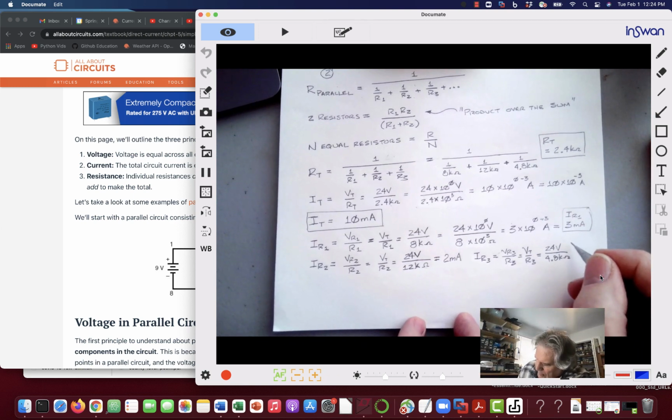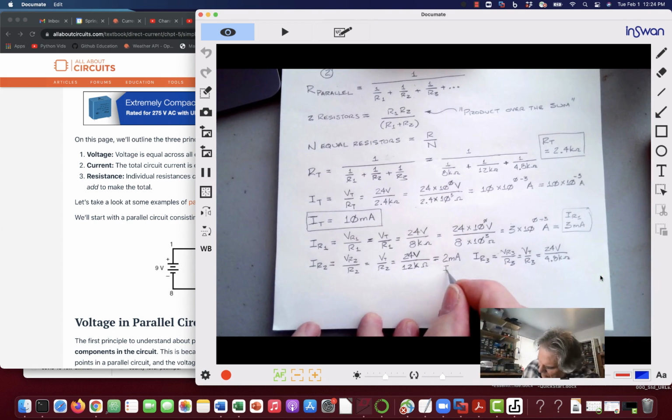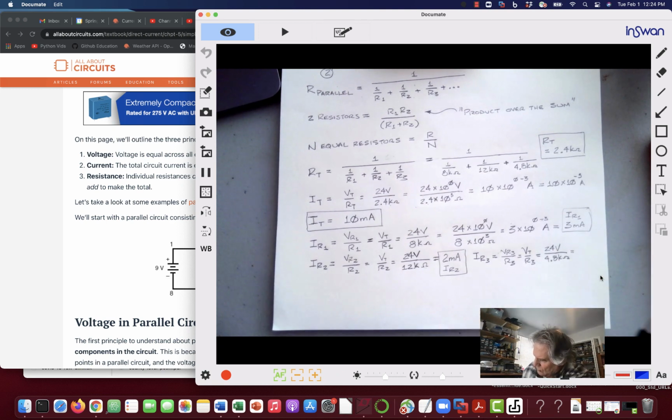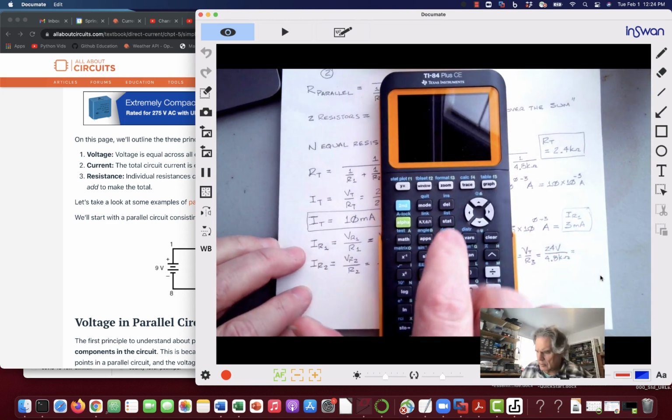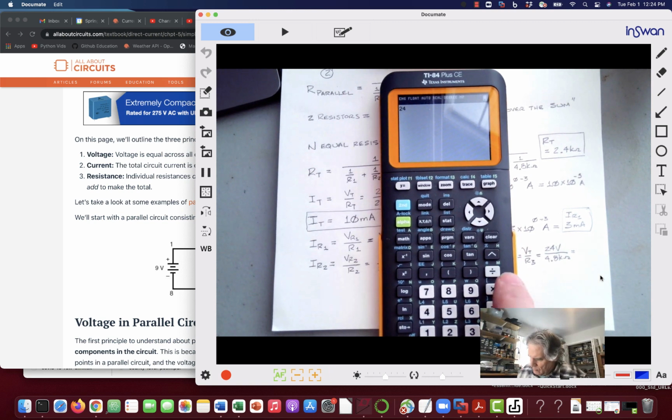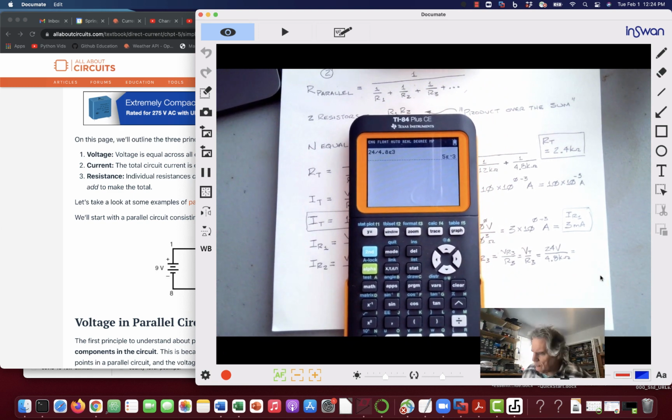So let's see, this guy is IR2, put a box around him, and we're going to get that IR3 is equal to, let's bring in our calculator here, 24 divided by 4.8 k ohms, and you can see that it's 5 milliamperes.